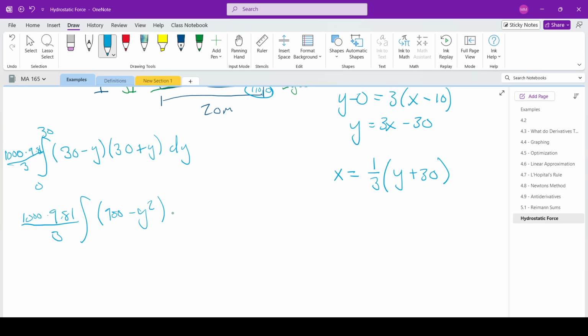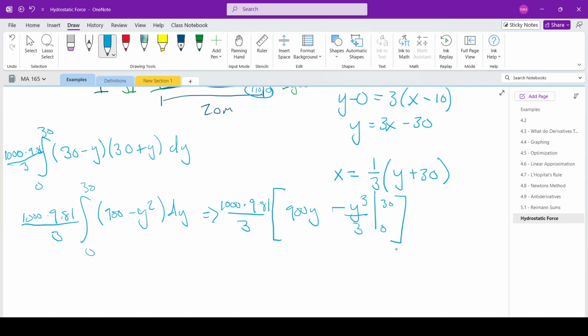Oh, don't forget my dy here. So I get my constant over 3. I'm integrating from 0 to 30. So this becomes 900y minus y cubed over 3, evaluating from 0 to 30.